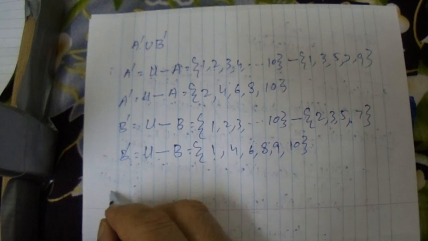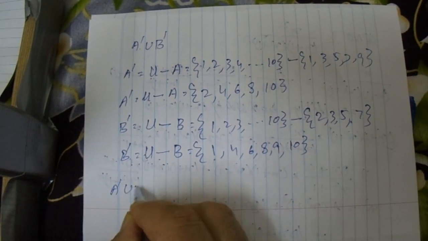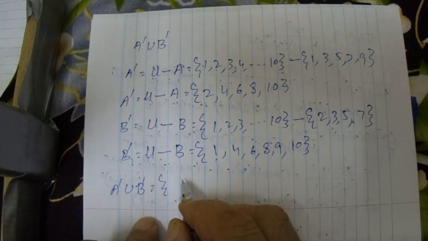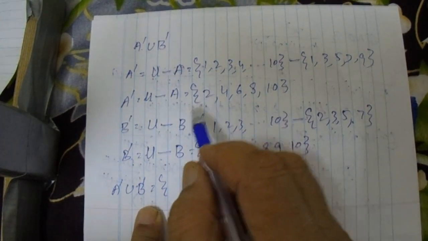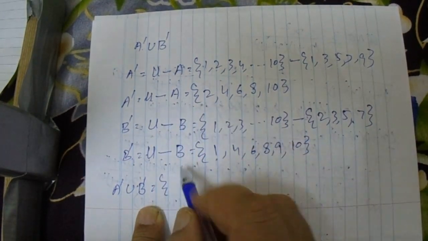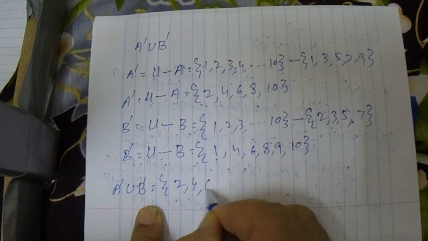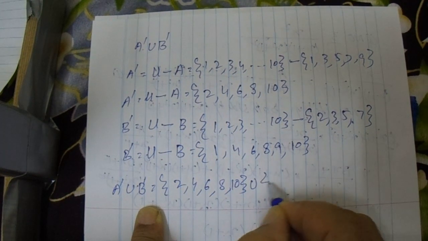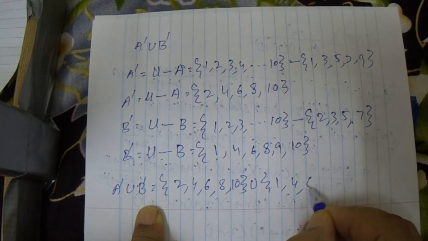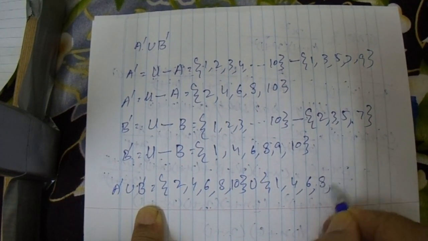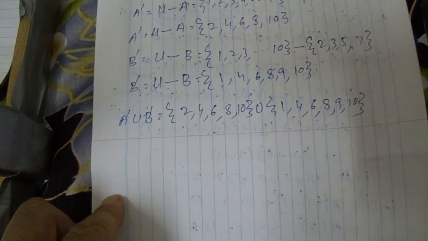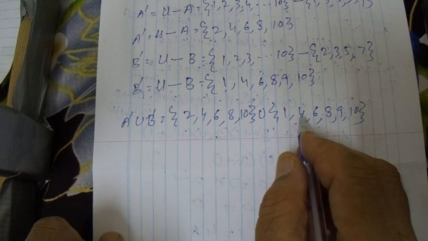Now we write A complement union B complement. This is our A complement, 2, 4, 6, 8, 10. Now we write union this, 1, 4, 6, 8, 9 and 10. Now we find all the elements of this set and this set.